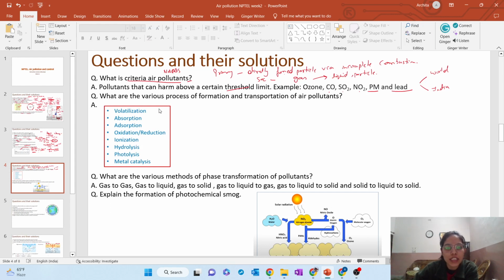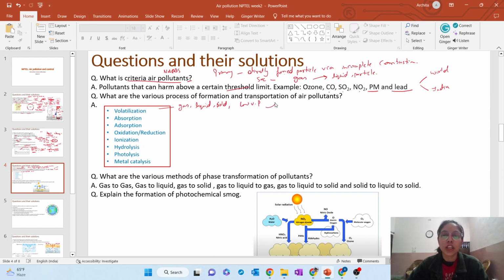Volatilization is nothing but conversion between gas and particle, liquid or solid. When particles are formed in the form of gas or liquid or particle, these pollutants can easily become volatile because of their low vapor pressure.